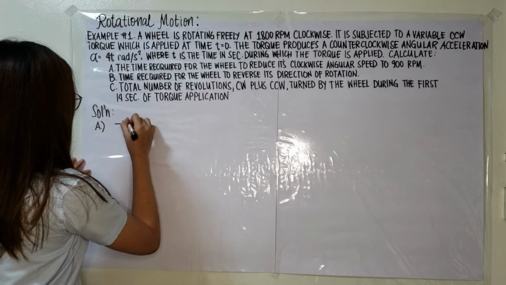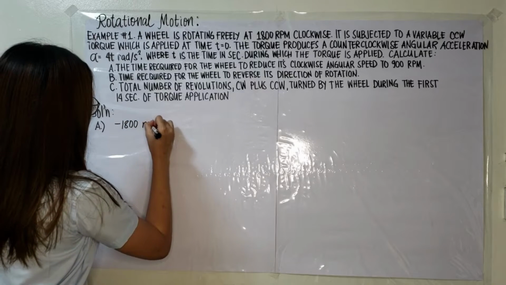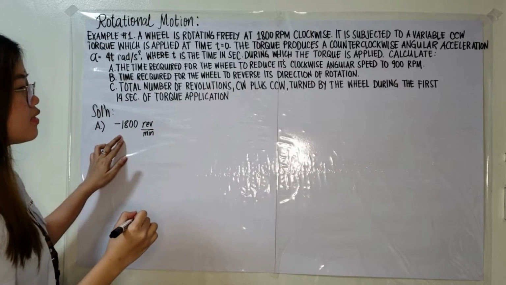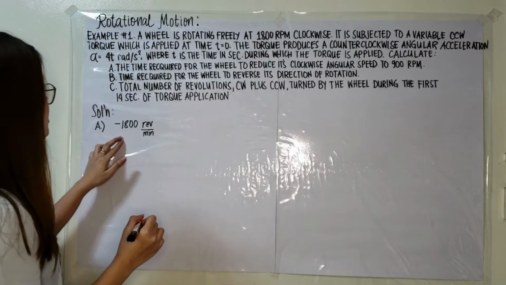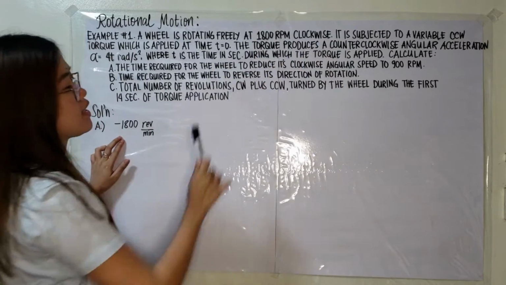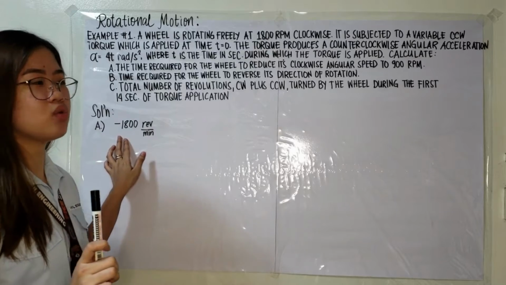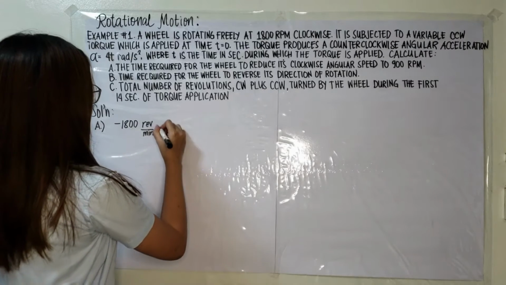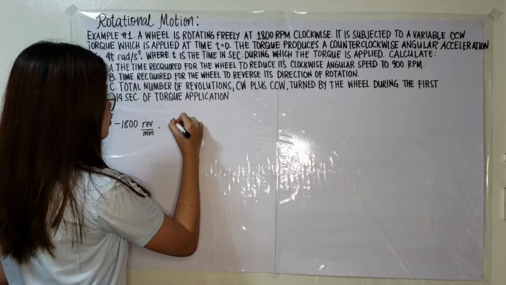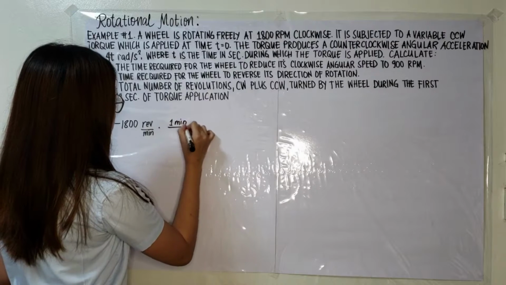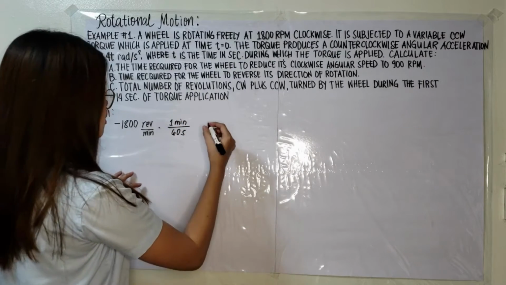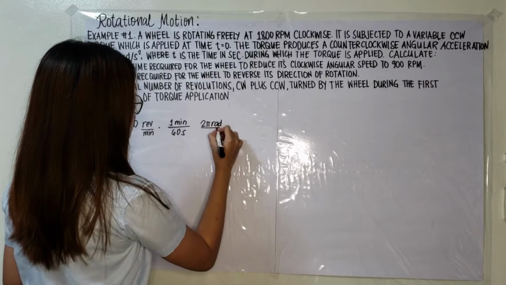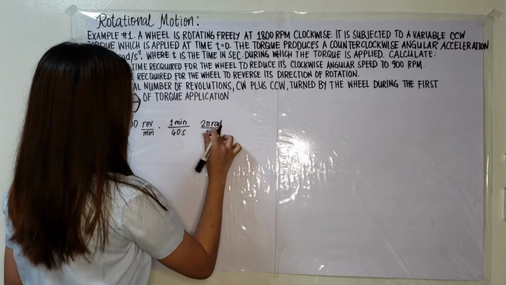Negative 1,800 revolutions per minute. Negative because it is in the clockwise direction, and as I said earlier, we take the counterclockwise direction as positive, multiplied by 1 minute over 60 seconds, and 2 pi rad is equal to 1 revolution.